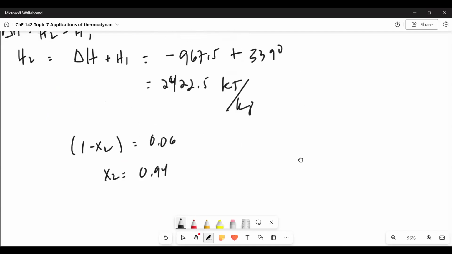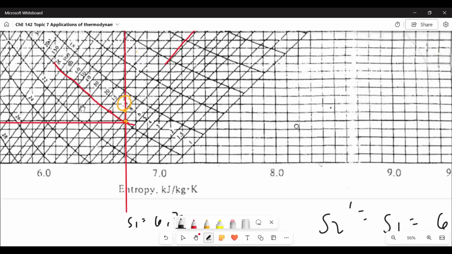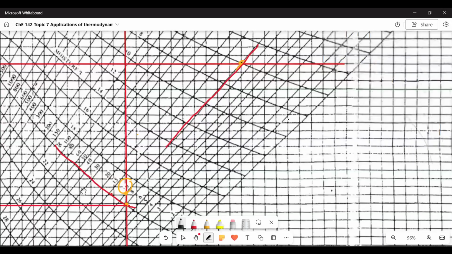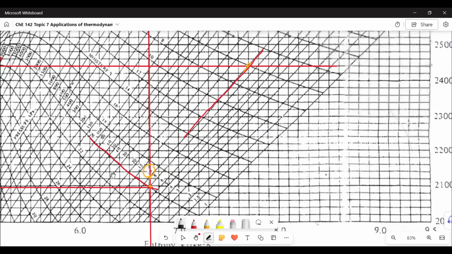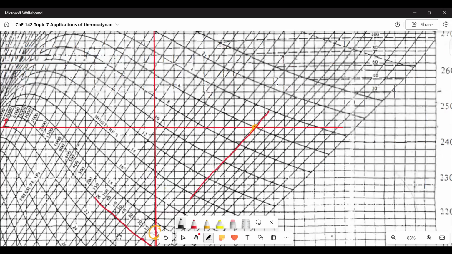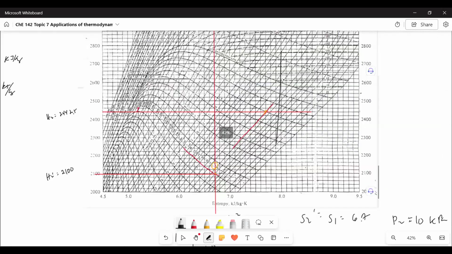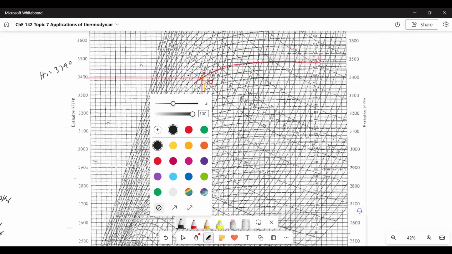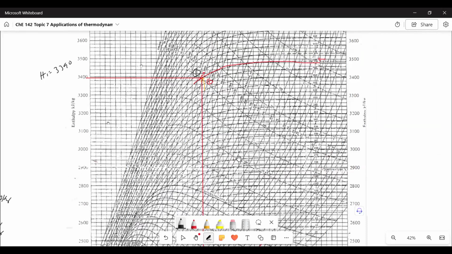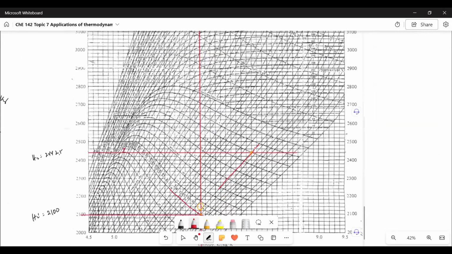And then we also read S2 actual from the graph. So from this point, what label did I use? Point 1. Let me label that with a black pen. This is point 1. This is a red pen. This is point 2.